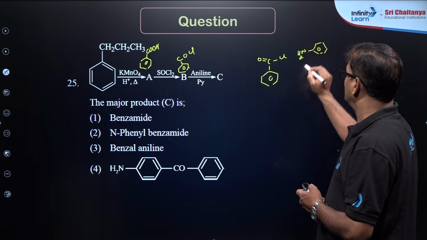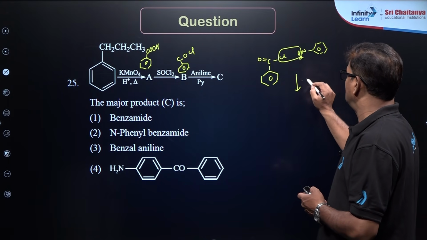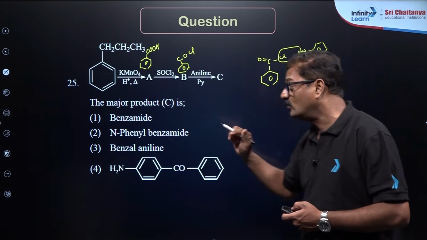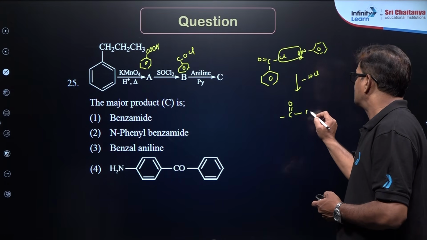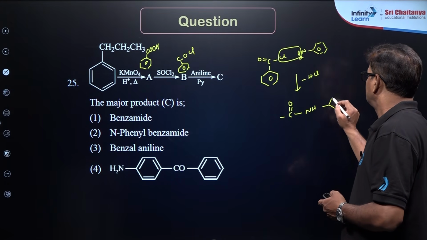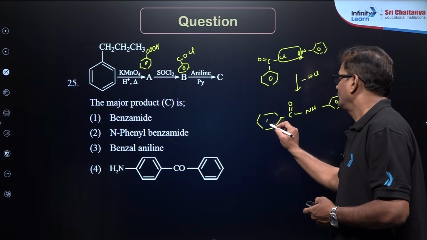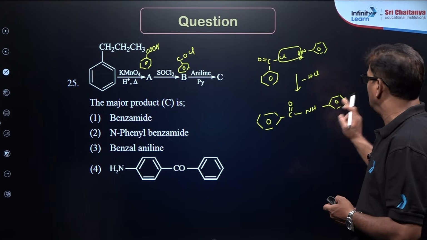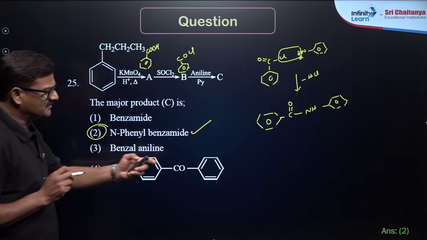So you are going to get acylation, so HCl is lost. The HCl that is released is absorbed by pyridine over here. So you are going to get this structure like this. So you can say this is a benzamide, N-phenyl benzamide. Answer 2 is the correct answer for this question.